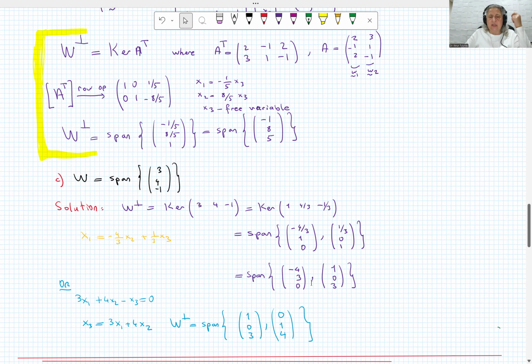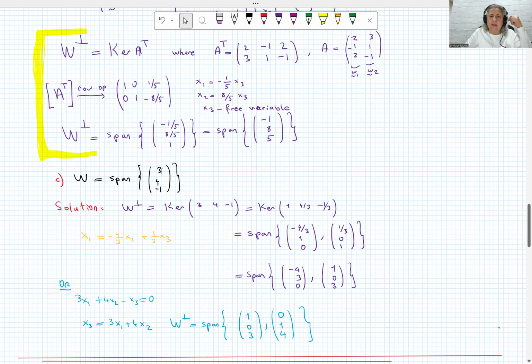I have done one way, and this is another, from two different perspectives. This way, I am using this equality: the orthogonal complement is equal to the kernel of the transpose of the matrix.